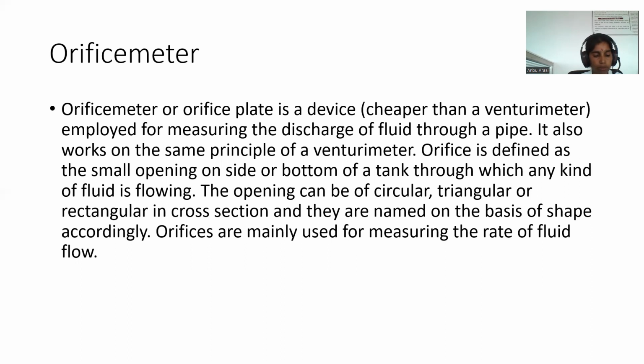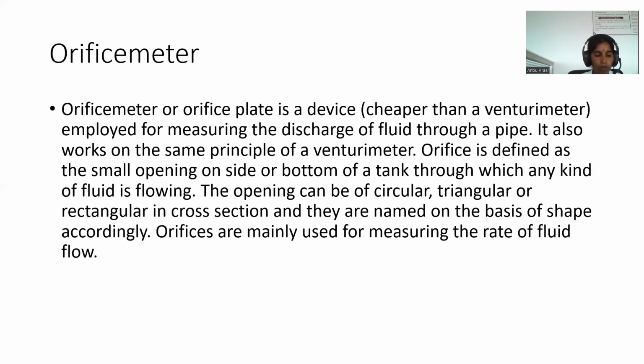It consists of a flat circular plate which has a circular sharp-edged hole called the orifice, which is kept generally at 0.5 times the diameter of the pipe, though it may vary from 0.4 to 0.8 times the pipe diameter.